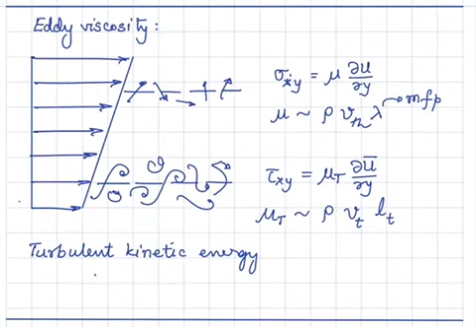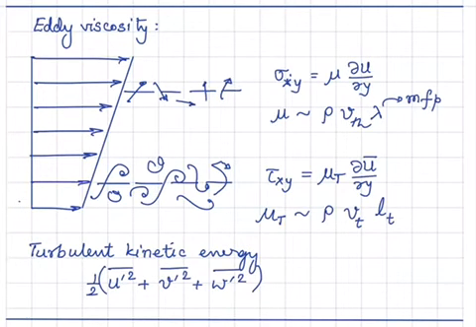Which is defined as half of u prime square plus v prime square plus w prime square, and it's an average quantity. You average it up, and it's a sum of averages, the average of sums is the sum of averages. This is defined as K, turbulent kinetic energy.